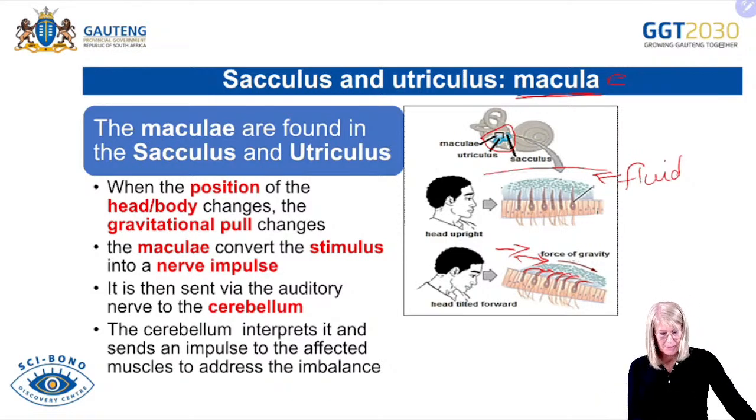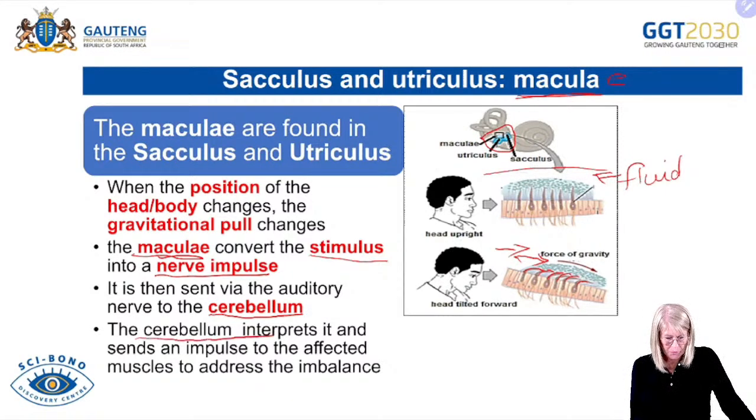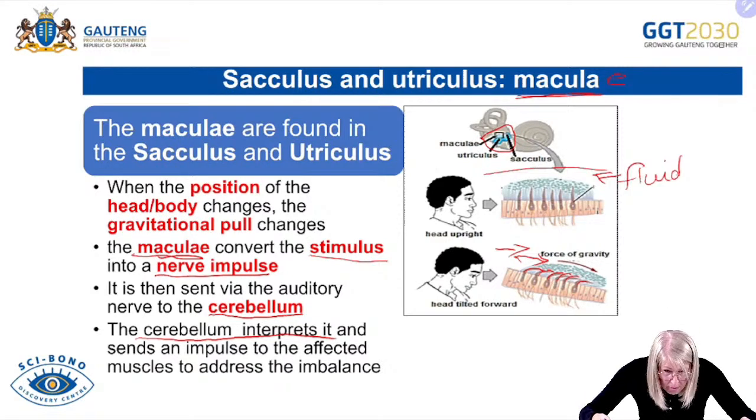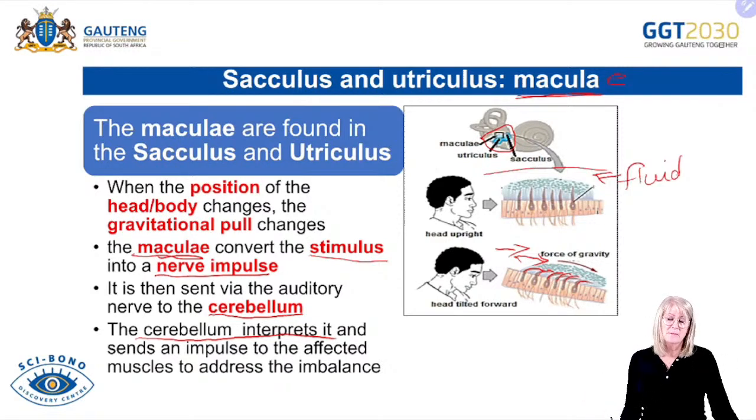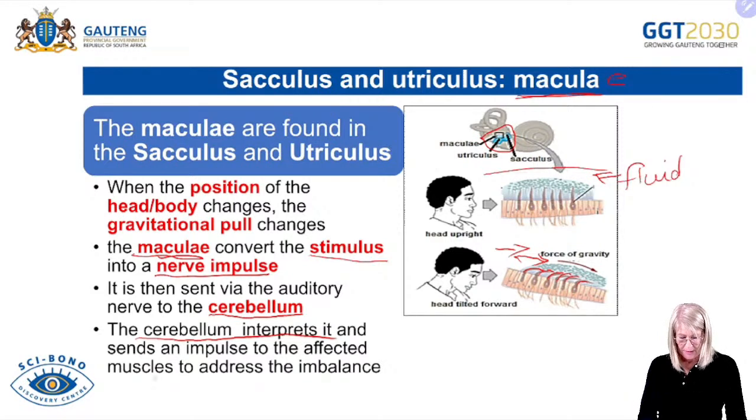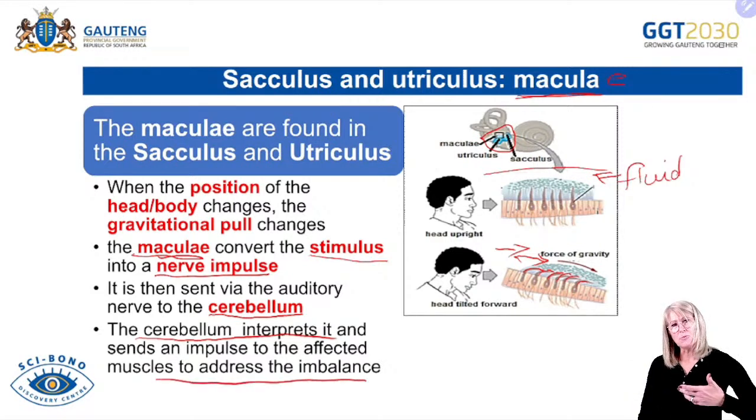As soon as that happens, the maculae, which are my little receptors, convert the stimulus into a nerve impulse, and that nerve impulse goes via the auditory nerve to my cerebellum. Remember, cerebellum, balance. The cerebellum then interprets that impulse and sends an impulse to the affected muscles so that when I lean forward like this, I don't keep falling and fall flat on my face. That ensures that my balance and equilibrium are maintained.